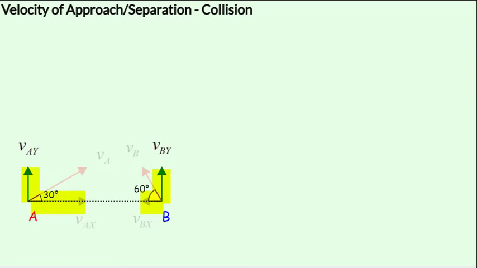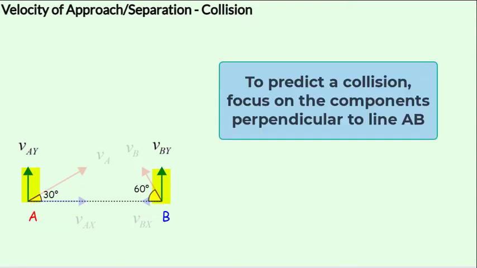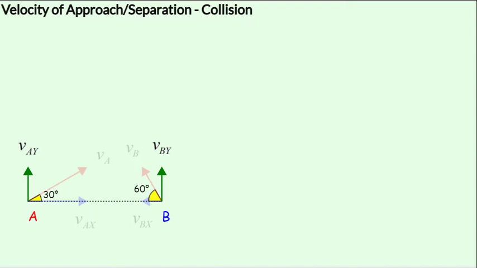To predict if there would be a collision, we focus on only the component that is perpendicular to the line AB, that is VAY and VBY. To obtain the velocity of approach or separation, we focused on components along the line AB, but to predict a collision, we focus on components perpendicular to the line AB.